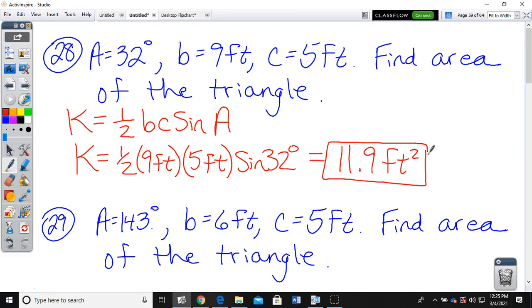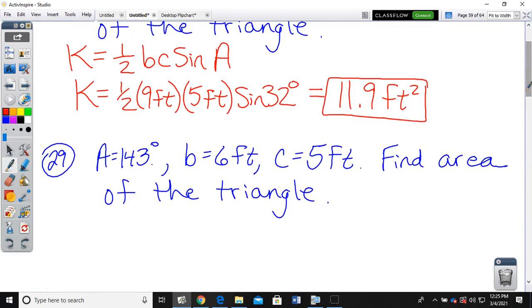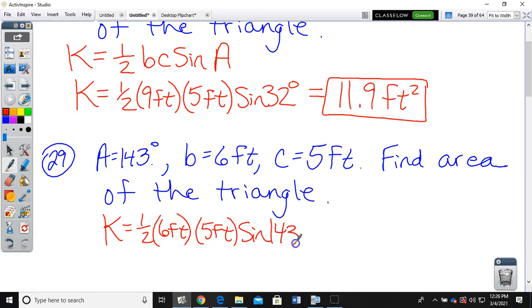29, same exact thing. So if you get 28 right, you should definitely get 29 right. They give you the same letters and everything. So K is just going to be 1/2 my 2 sides, which are 6 feet and 5 feet, times the sine of 143 degrees.